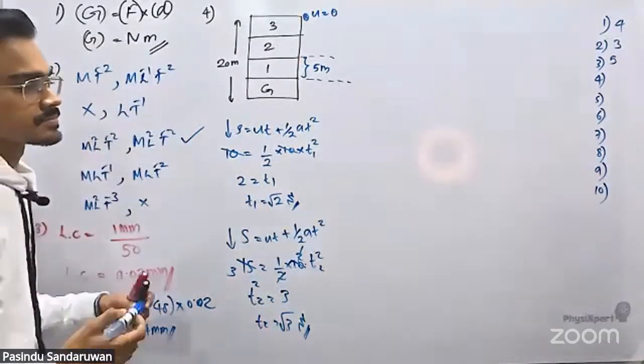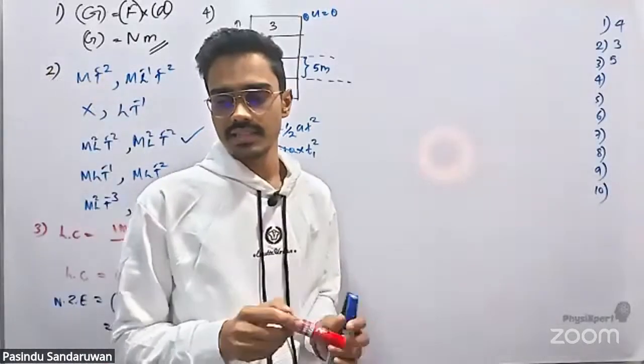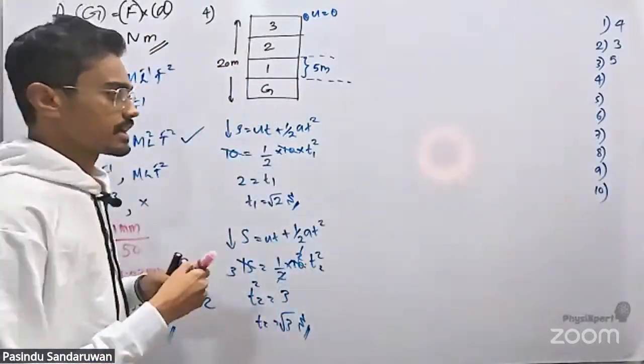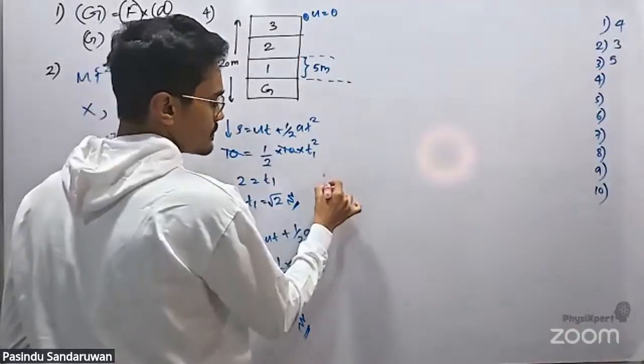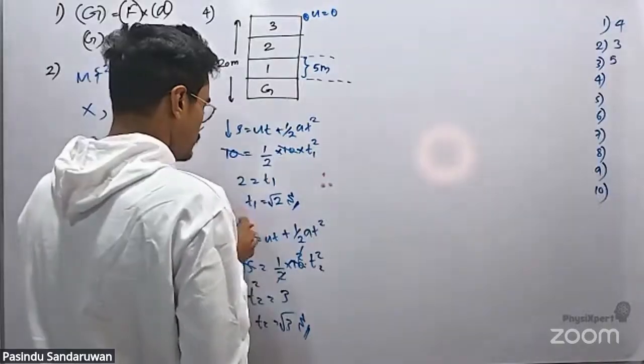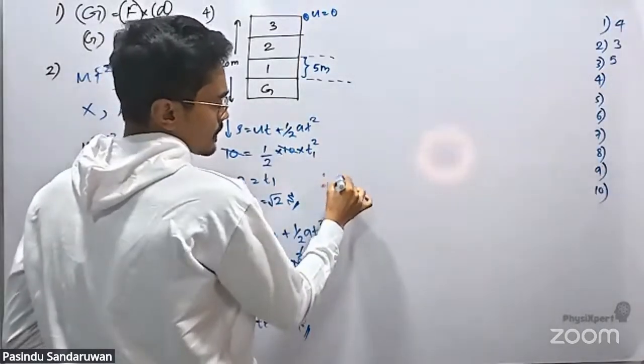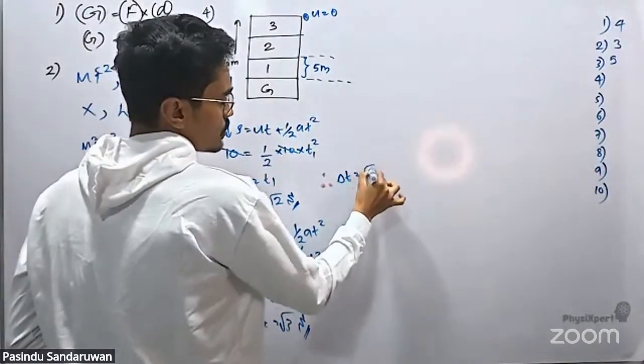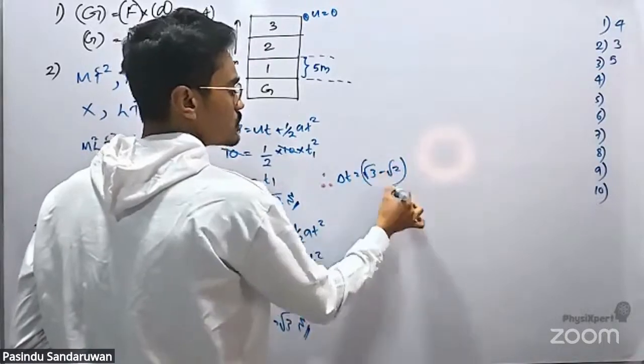Okay, now the answer is here. The time taken to pass this thing is root 3 minus root 2.